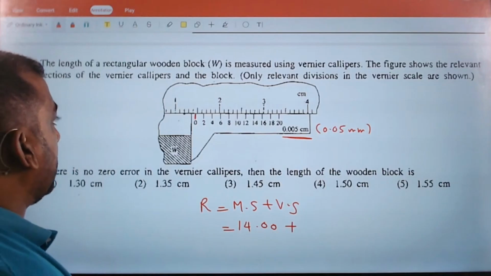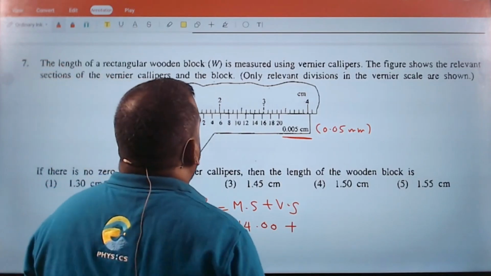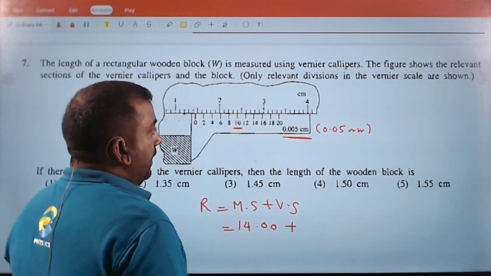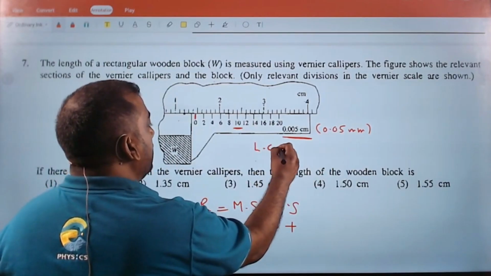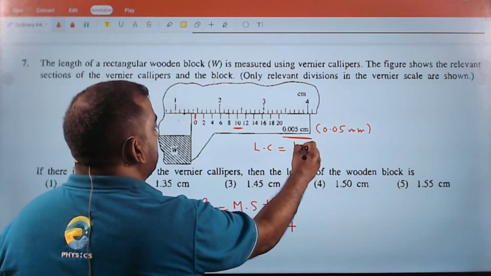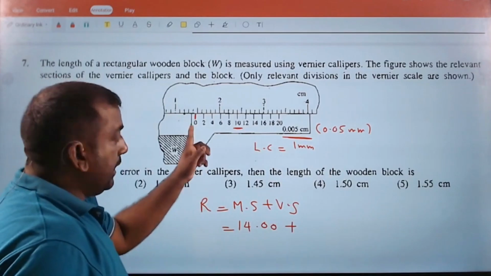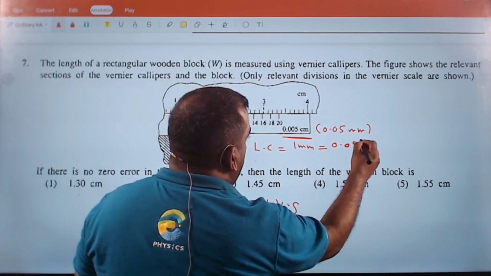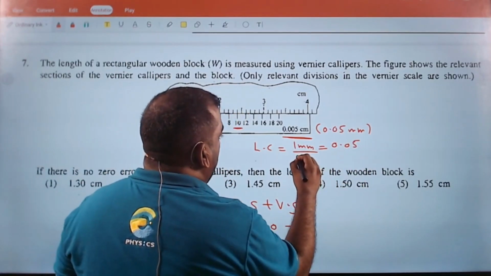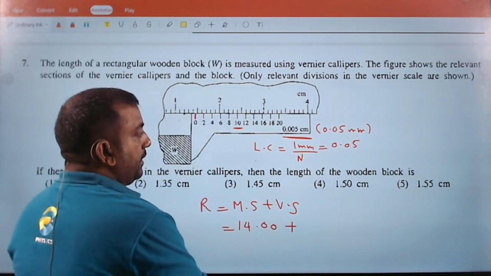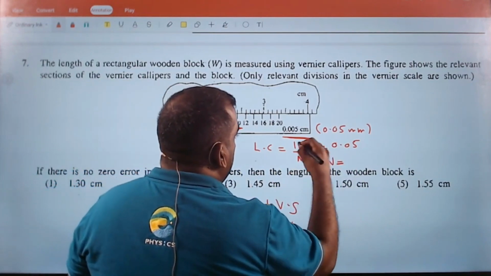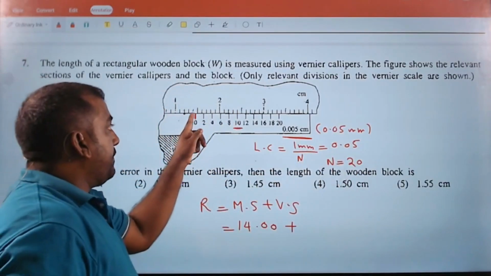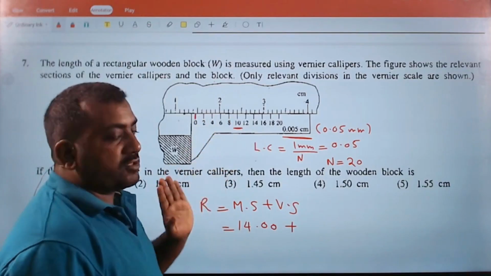Which vernier scale division is in line? Looking at this, the 10th division is in line. Now when you are doing a measurement here, the value of one main scale division is 1 millimeter. To get a least count of 0.05, how many vernier scale divisions should be there? If you do the simplification, 100 divided by 5, 20 vernier scale divisions should be there. That means there are some more divisions in between that they have not shown.